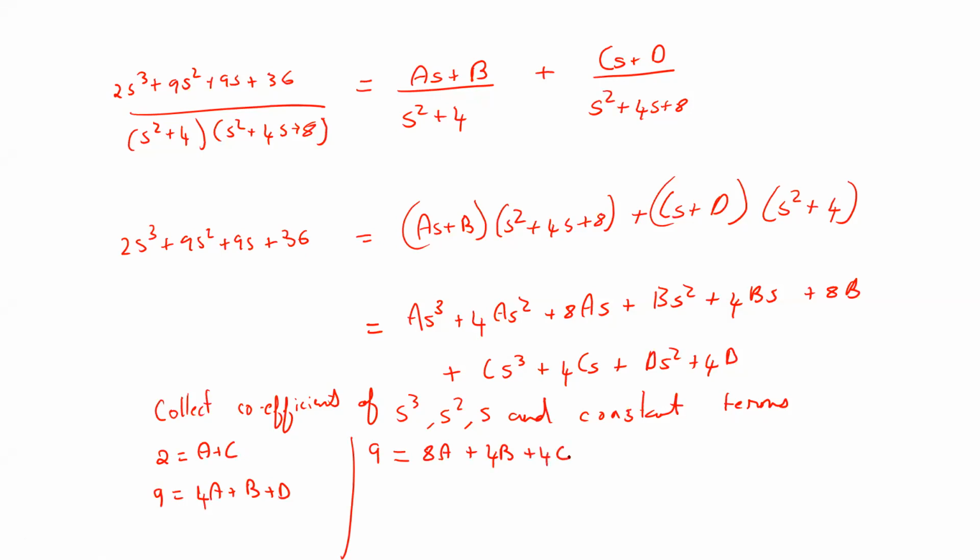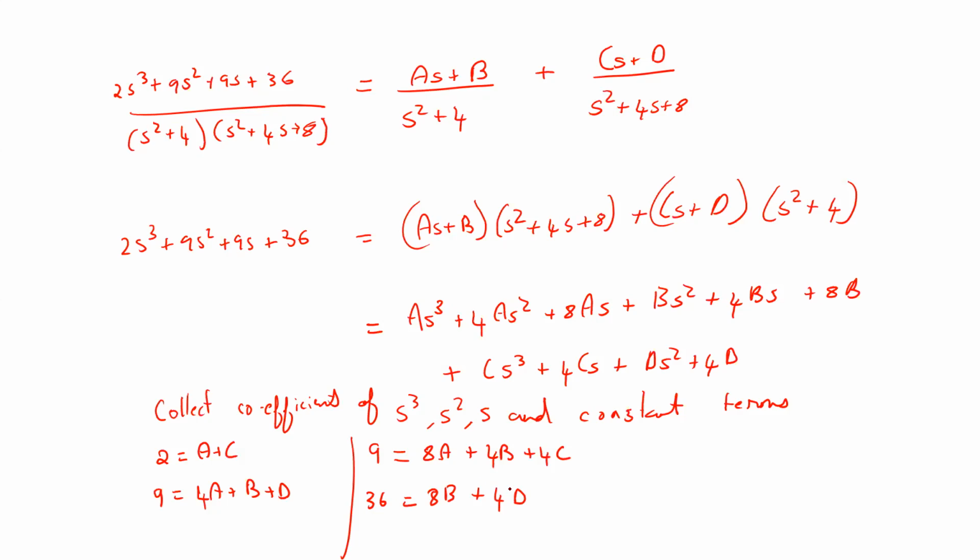And the constant term is 36 on the left hand side and 8B plus 4D on the right hand side. So we have 4 equations and 4 unknowns.